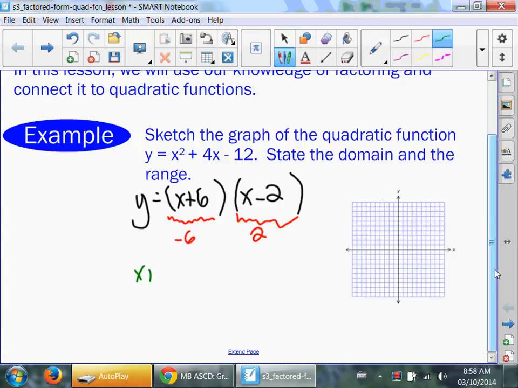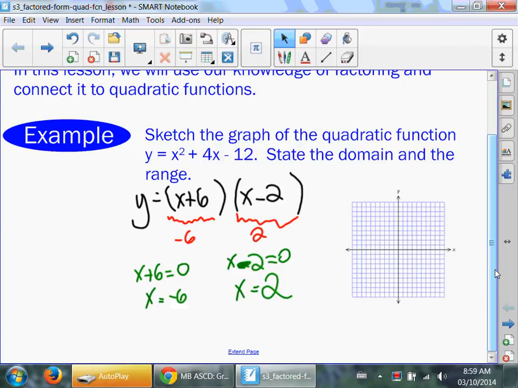Well, if we set x plus 6 equal to 0 and solve for x, we bring the 6 over and get negative 6. Likewise here, we have x minus 2 equal to 0. Bring the 2 over, becomes positive. So the values of x that make each of those brackets 0 are negative 6 and 2.